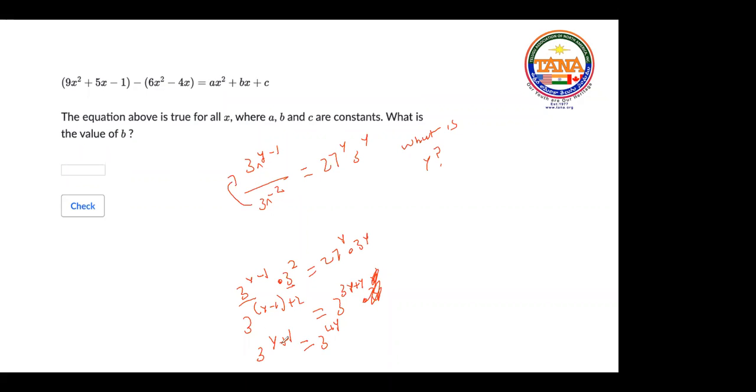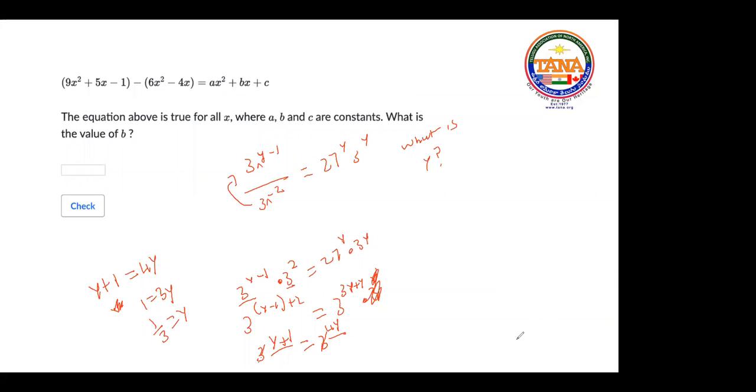Because these have to be equal, you can ignore the bases and solve for y. So you have y plus 1 equals 4y, and therefore y has to be, wait, did I do something wrong? I think I might have done something wrong. One second. The y plus 1 equals 4y. Oh yeah, I did this right. So you have 1 equals 3y, then 1 over 3 equals y, and y is 1 over 3.